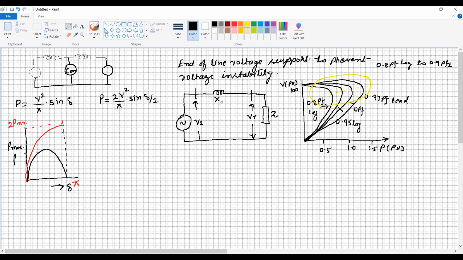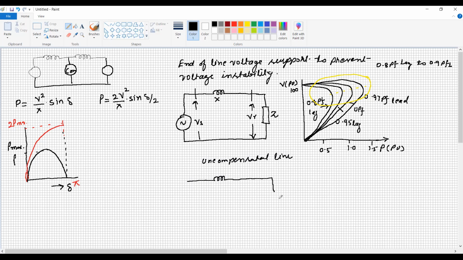Now, instead of connecting the shunt compensation at the center of the line, we are going to connect the shunt compensation at the receiving end. So this is the uncompensated line, and now we can represent the compensated line. Same, the reactance is there.